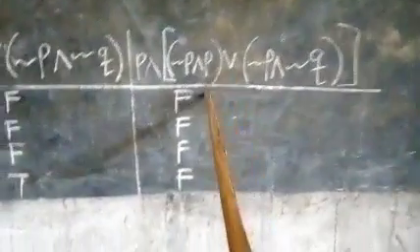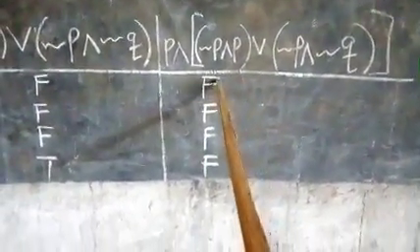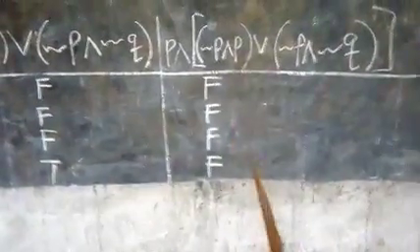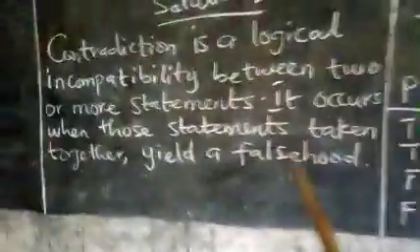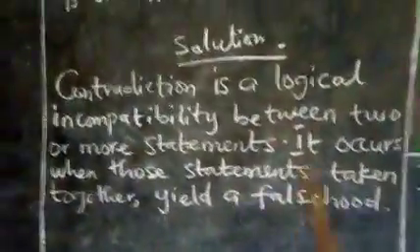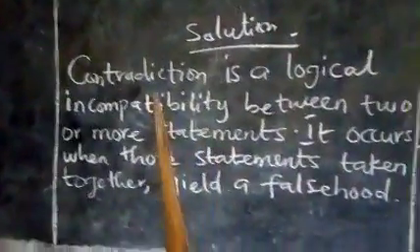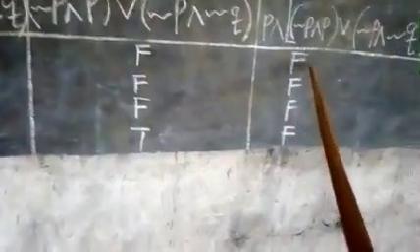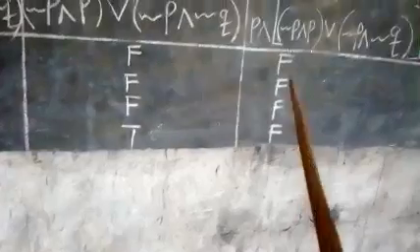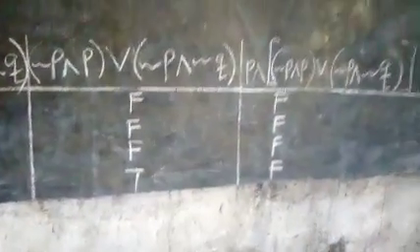So in this expression, what we have all through is false. That is what the definition of contradiction tells us: when the result yields a falsehood, it is known to be a contradiction. Therefore, it has been proved that this expression given in the question is a contradiction, because we have falsehood: F, F, F, F. Thank you.